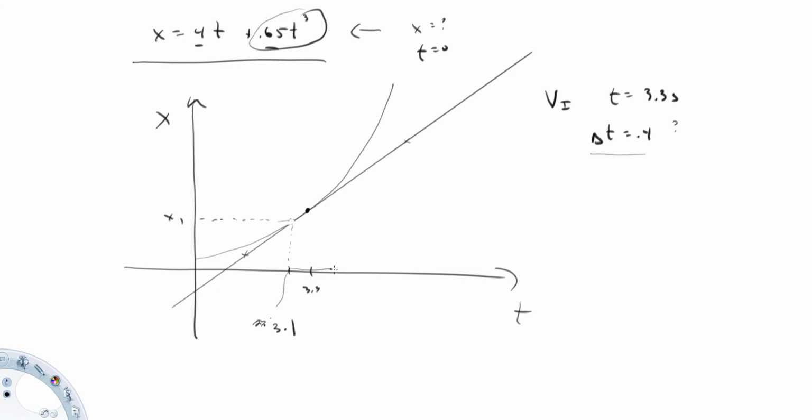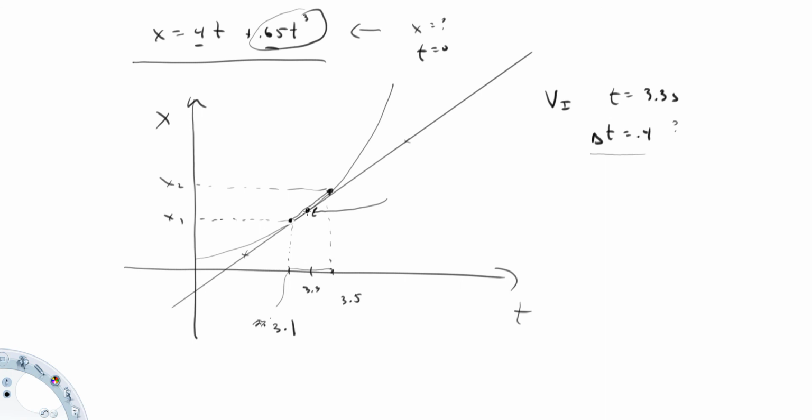Then you come over here, and I'm going to add another 0.2 to 3.5, and you come up here, and you read your x2. And notice if I connect this dot and this dot, I'm getting almost identically the same slope as this right here. So calculate the slope of the line between these 2 points, and we're going to use that as our estimate for the instantaneous velocity, or the slope of the tangent line at that point.